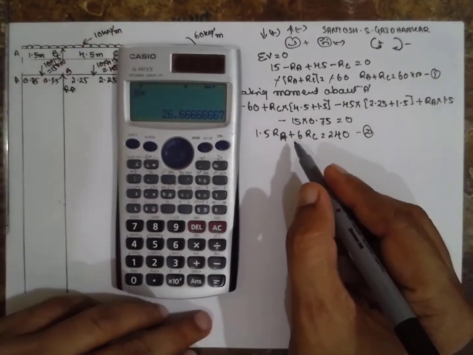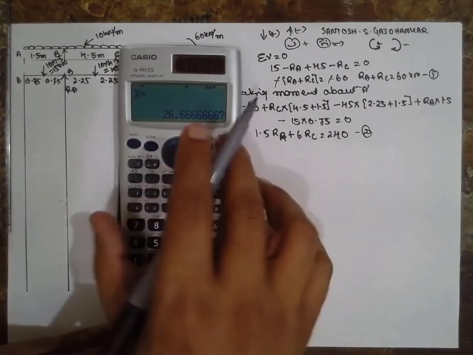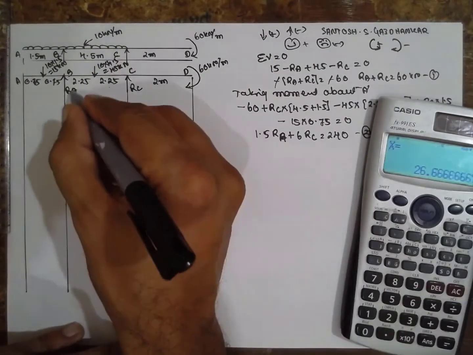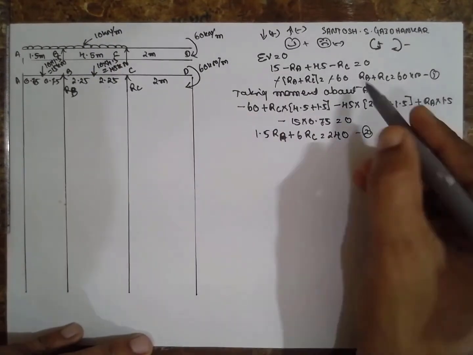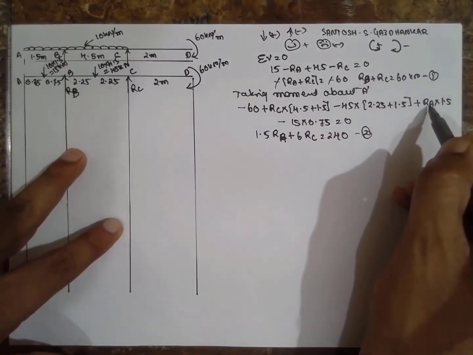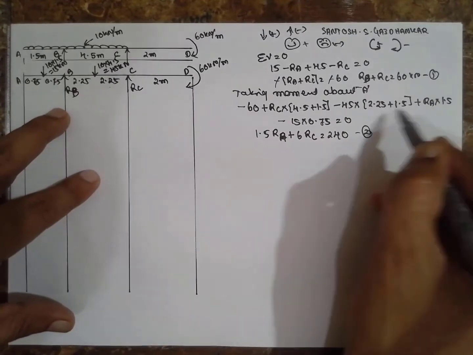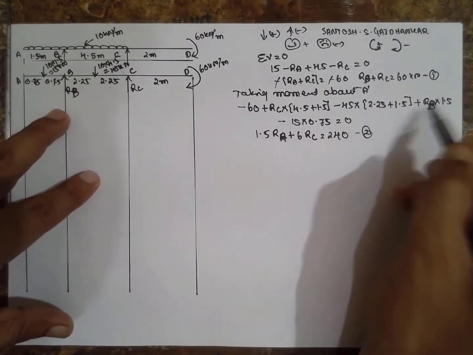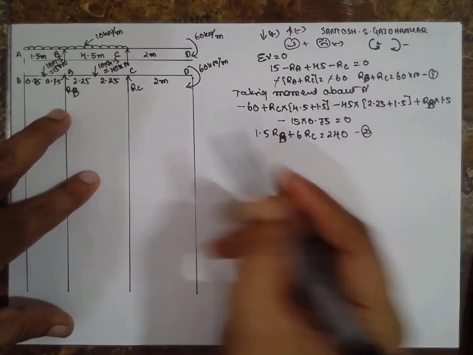Now first, is it RB or RA? This will be RA, I have to take RA, I have taken RB here by mistake.